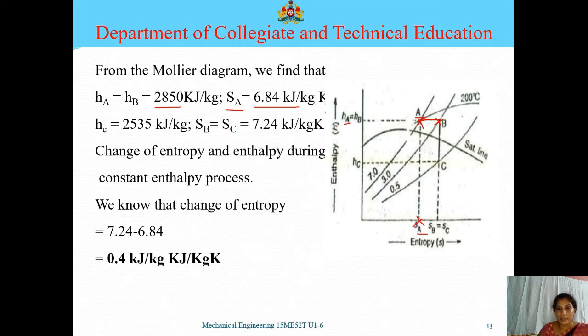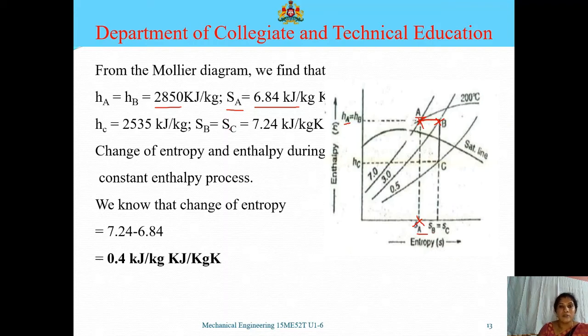Since it's a constant enthalpy process, there is no change in the enthalpy, it remains the same. That is the meaning. So at that particular point, the intersection of the straight line and the 3 bar pressure line, I'll draw a straight vertical line downwards that will give me the value of SB.